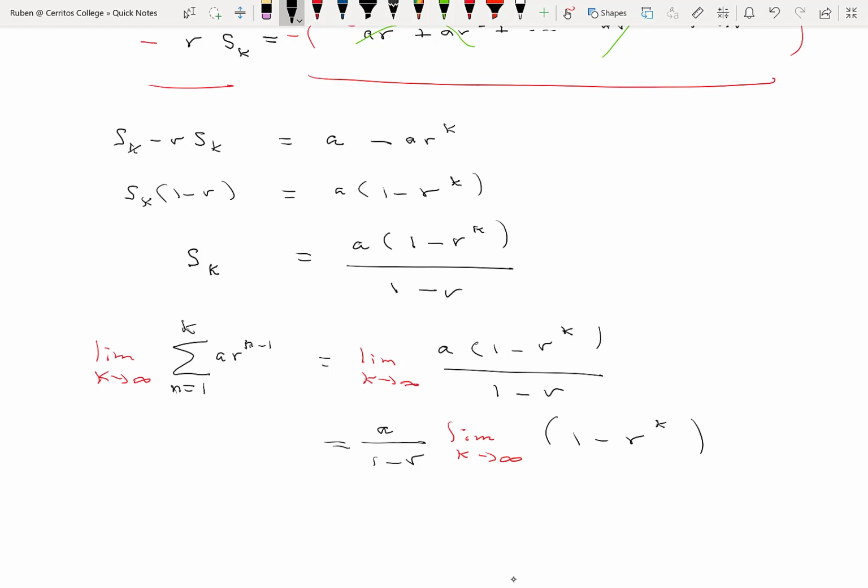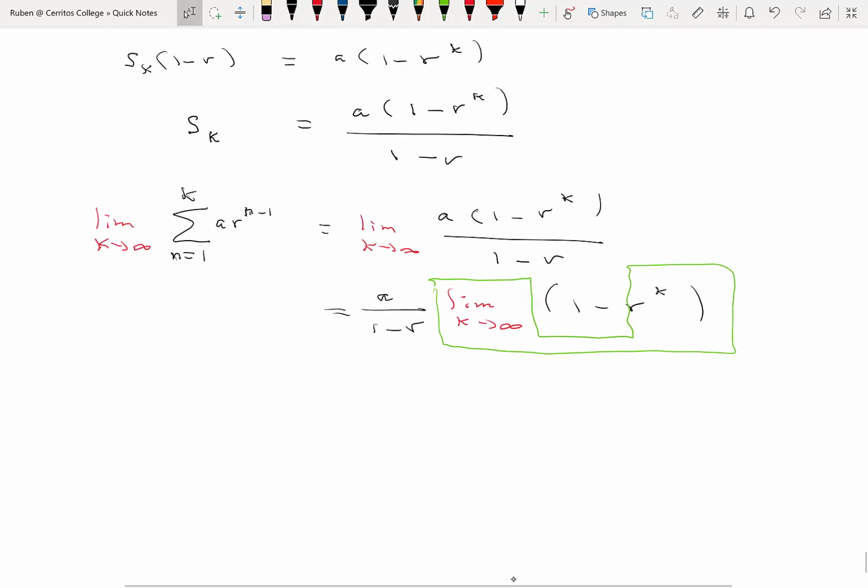And in that remaining limit, the only thing that's going to affect the value of the limit is the limit of r to the k. So let's look at that.